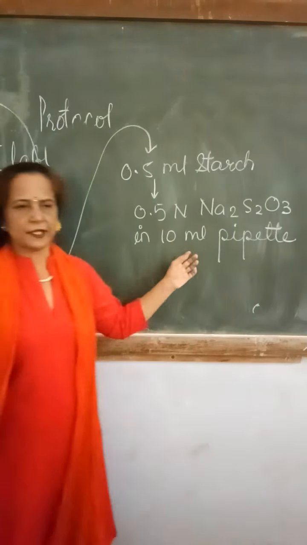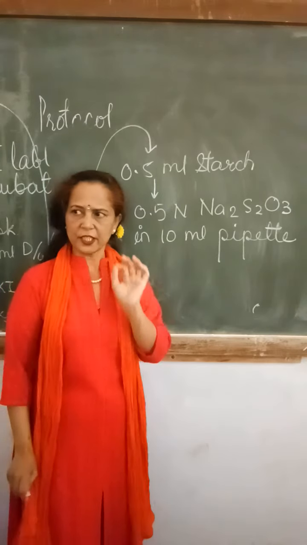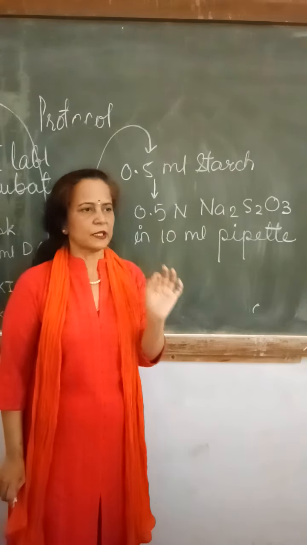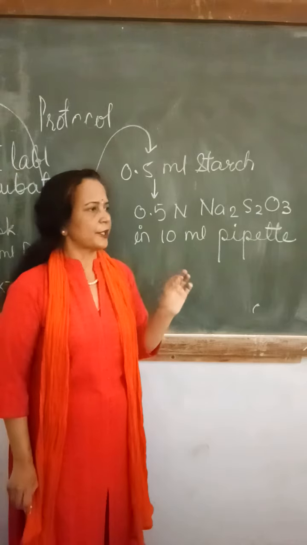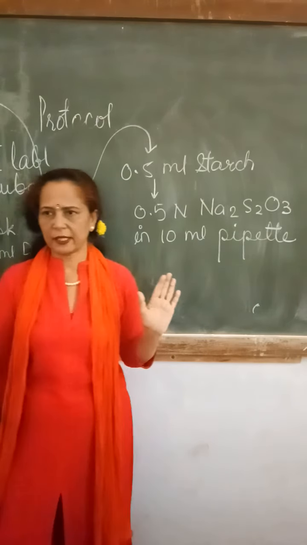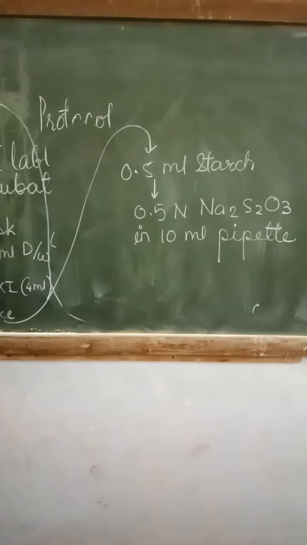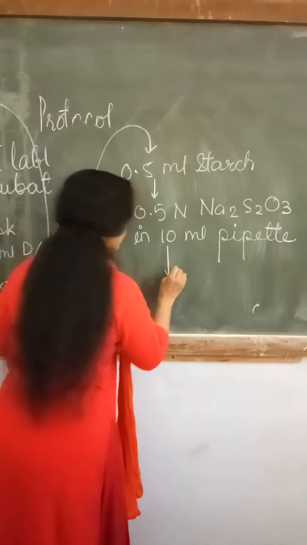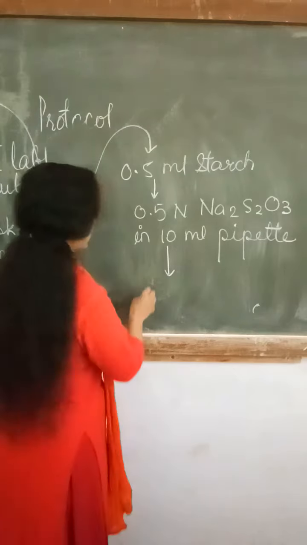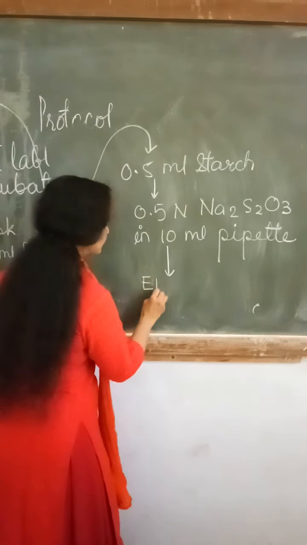Now this is to be taken in the 10 ml pipette. This titrimetric method or titration is just similar to what you do in the chemistry laboratory. There is not at all any change. Now you have to go for endpoint finding.